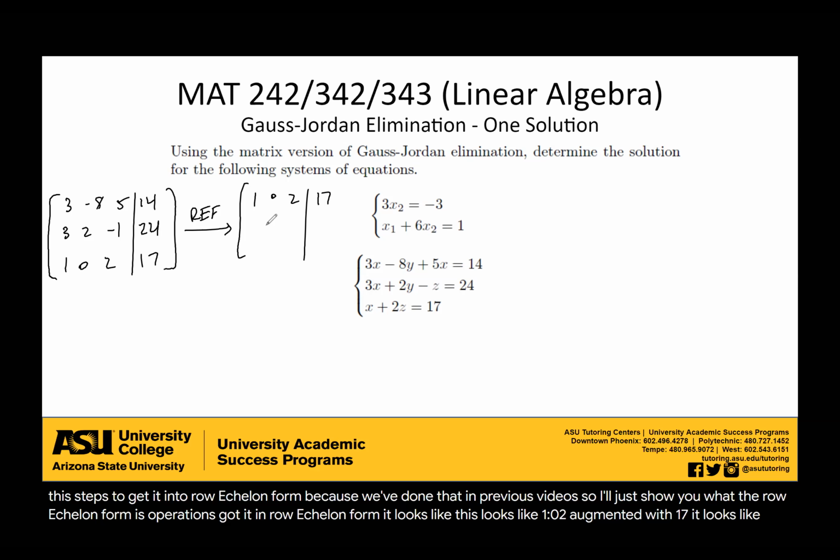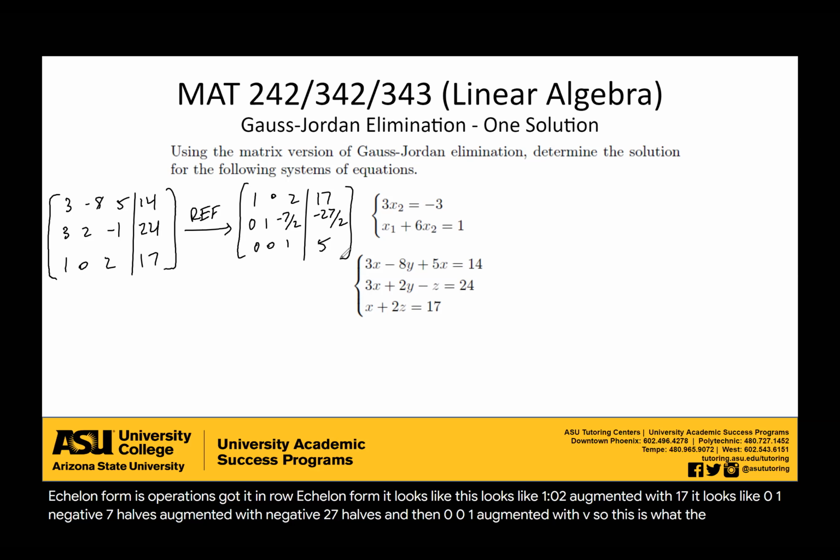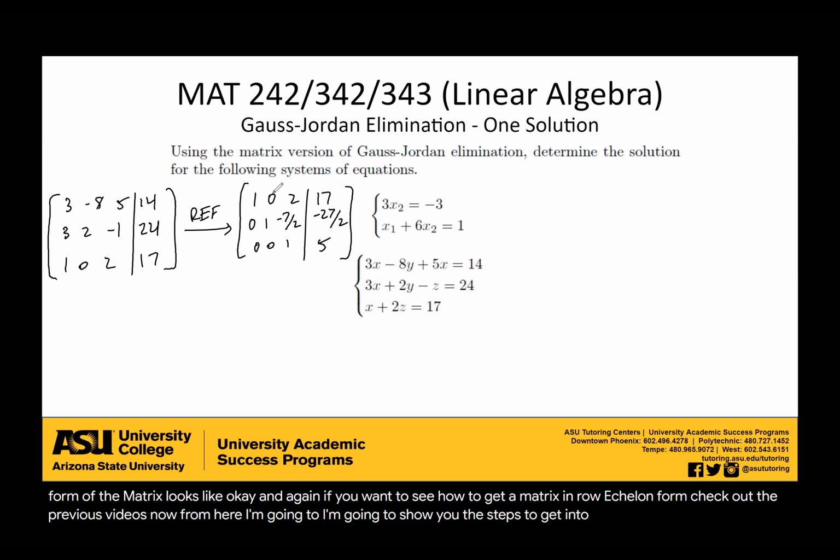It looks like 0, 1, negative 7 halves augmented with negative 27 halves. And then 0, 0, 1 augmented with 5. So this is what the row echelon form of the matrix looks like, okay? And again, if you want to see how to get a matrix in row echelon form, check out the previous videos. Now from here, I'm going to show you the steps to get it into reduced row echelon form.